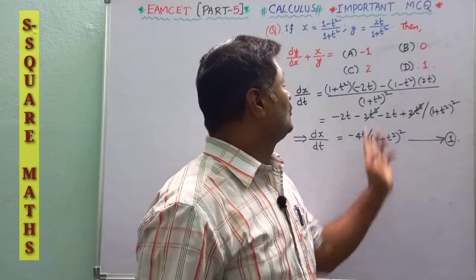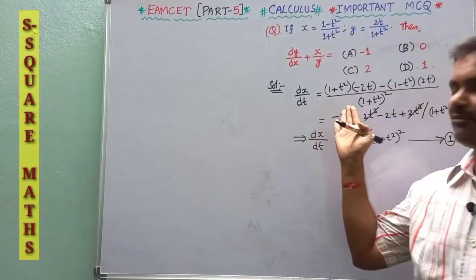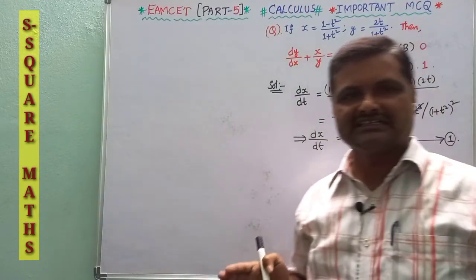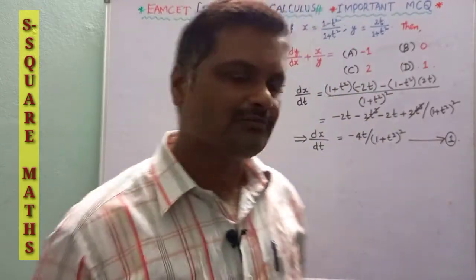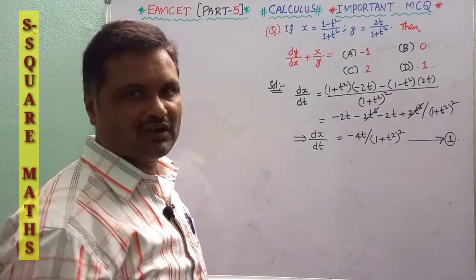Now we have to go for dy by dt, the next part. I think you got it; I applied the u by v method, the quotient rule, and the same again I am going to employ here.